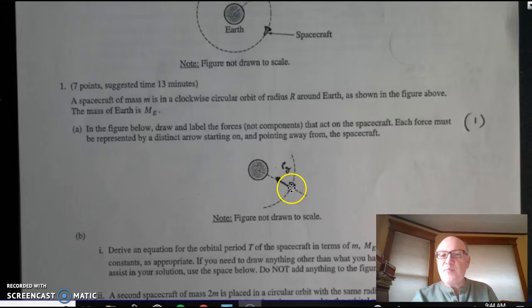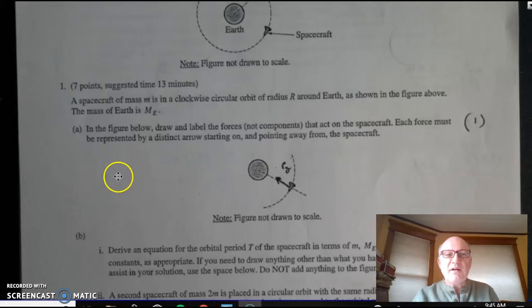Some folks had some arrows pointing outward. Not sure what that was about. Anyway, you may have gotten half a point if I noticed you got in FG there when you added in some other things. But I was surprised at how few people got the full point on that.